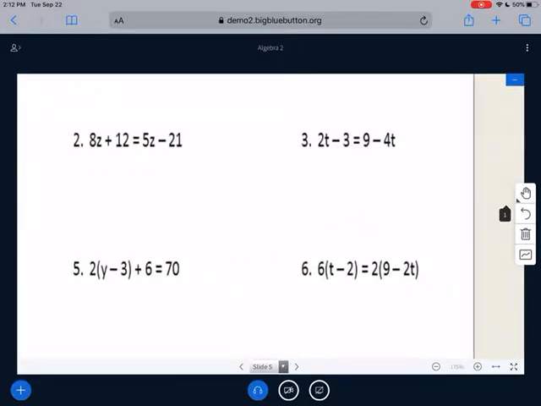Okay, number 2. We're going to subtract 5x from both sides. Then you're going to subtract 12.